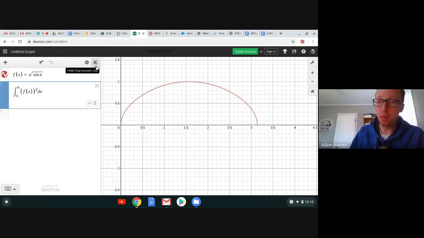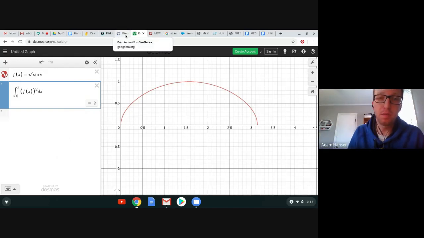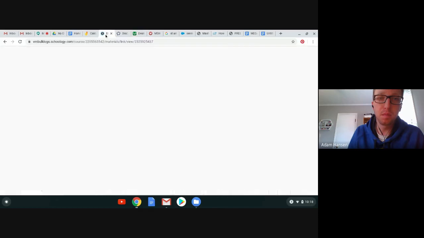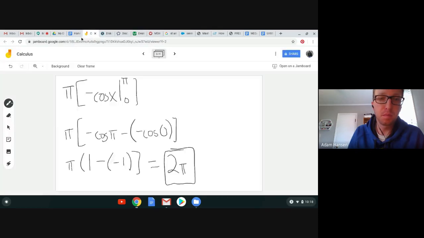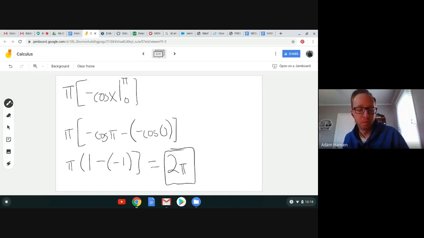If I rotate this region around the x-axis, the volume of that solid is equal to 2 pi. Any questions so far? Okay. If not, let's keep going.